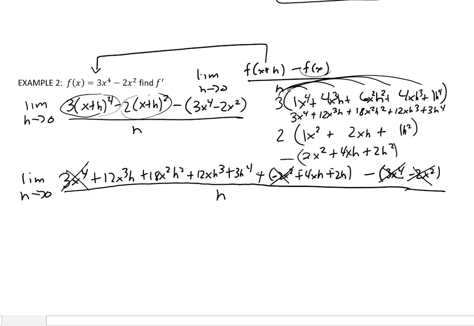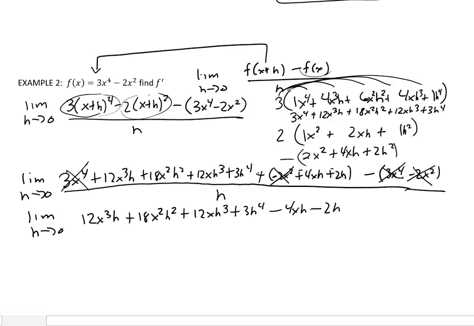So it'll be 12x cubed h plus 18x squared h squared plus 12x h cubed plus 3h to the fourth, minus 4xh, and then minus 2h squared, all over h.